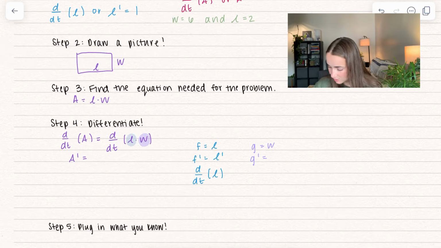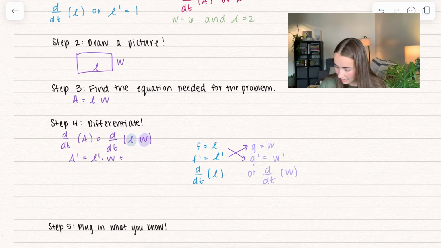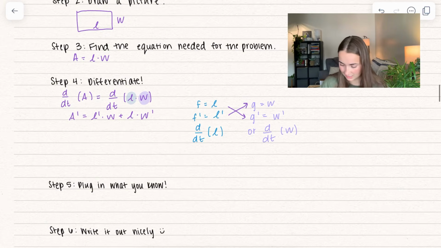Similarly, our derivative of W is going to be W prime, or if you like, you can write it as d/dt of W. I'm going to use the primes because that's what I like to see visually. With product rule, we multiply them across and add them together. So we get L prime times W, and then we add L times W prime. Now that we have the derivatives written out, I'm going to rewrite it the other way with the dt's just in case.